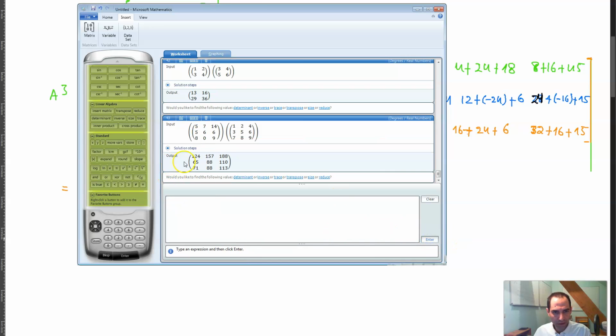If I hit enter here, it will give me the product of those two matrices. So that you can do, at least in order to check the result of your work, right?